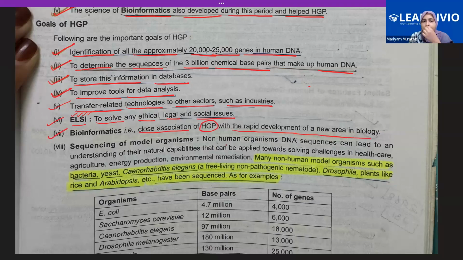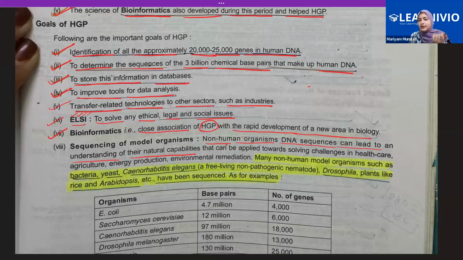Now at that time, the human genome was being studied. The whole entire Human Genome Project was for humans only, but other organisms also were studied. So non-human organisms, meaning all those organisms that are not human, their DNA sequences can lead to an understanding of their natural capabilities.